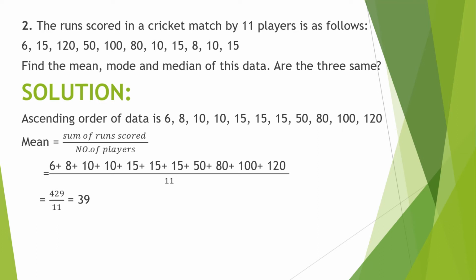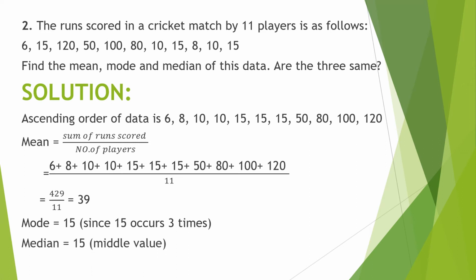So the mean equals 39. Next, mode equals 15, because if you observe the data after writing in ascending order, you can see that 15 occurs 3 times. The mode is the most frequently occurring data, so 15 is the mode.